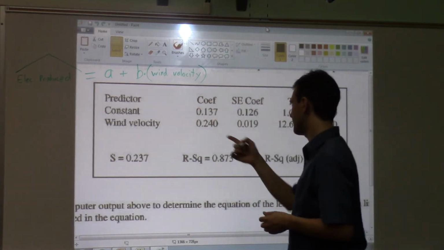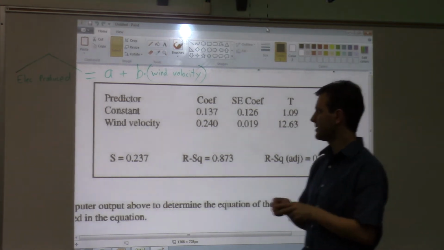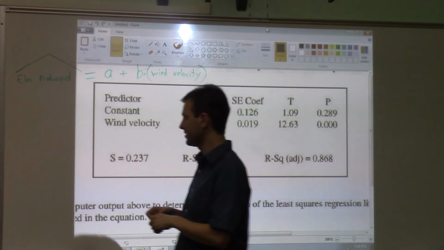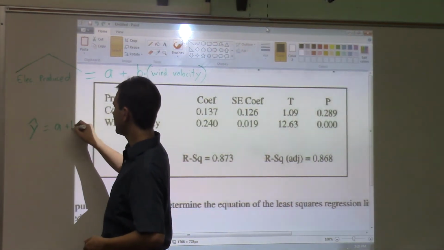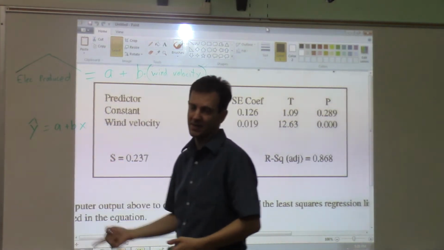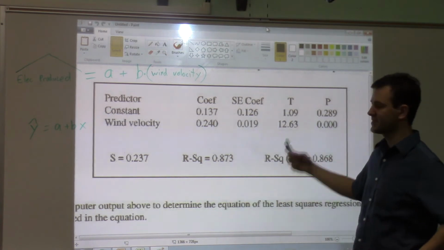They're asking you to take what they have printed out here and interpret it so that you'll know how to build the regression line. In other words, when you write y equals A plus B times x, they want you to be able to tell them what the coefficients A and B are based off of this printout, and also to understand what all the rest of this is.